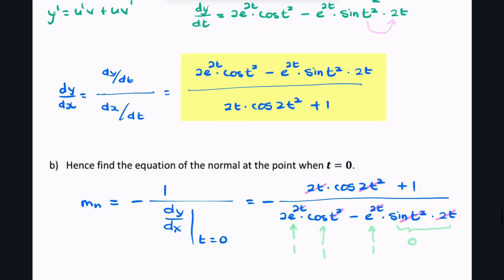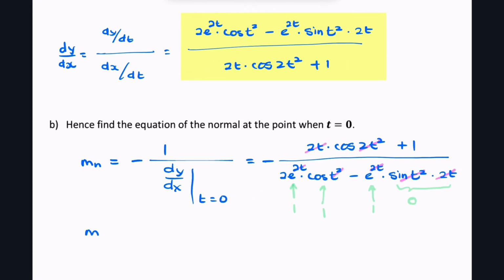So we can simplify this as negative 1 over 2. So it's minus 1 over 2. So that's the gradient of my normal.